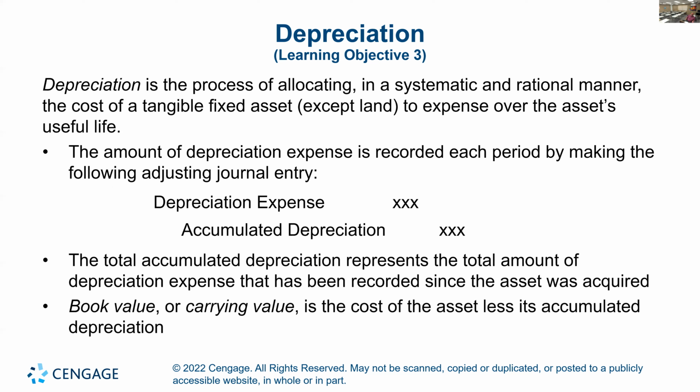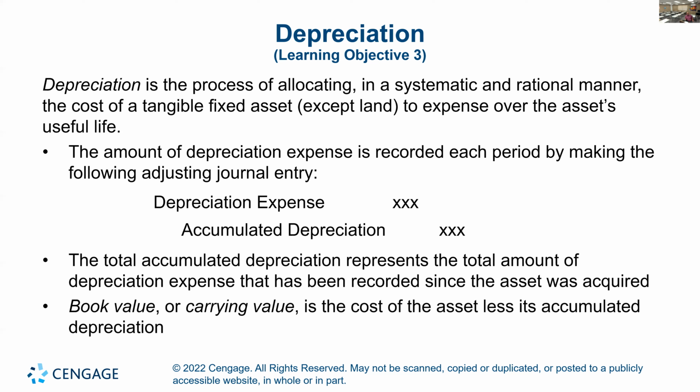Notice that it just says a systematic and rational manner. We're going to find out as we start doing this that there are multiple ways to calculate depreciation. The journal entry is always going to be the same. It's always going to be a debit to depreciation expense with a credit to accumulated depreciation. And just like we talked about in chapter 3, this accumulated depreciation is a contra account.